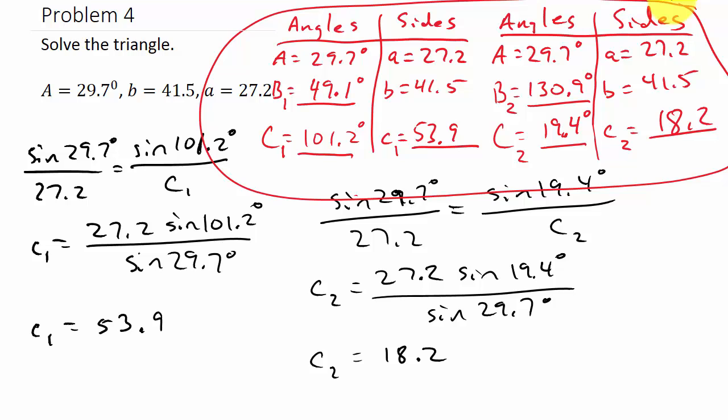There's a possibility of two triangles, and in this case there were two triangles. In the other case, we checked for it and it was not two triangles. You can go back and watch part 2. Like I said, I would watch all of these in order because they all tie together. This is part 3. I would watch part 1 and part 2.